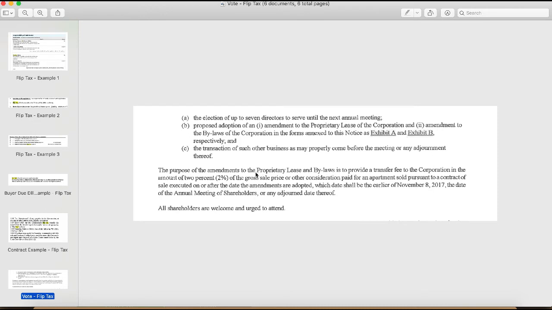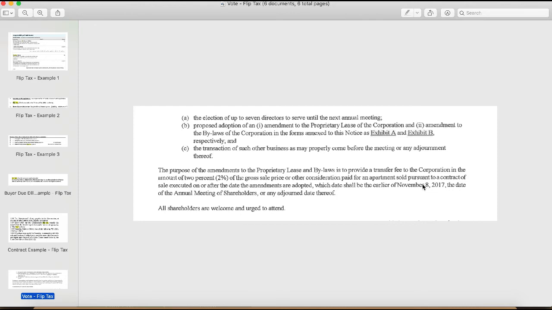So in this case, they actually want to impose a flip tax in a situation where there currently is not a flip tax. It's also important to note that if this is implemented, they provided an effective date for which any contract signed on or after that date would be held to the new flip tax.